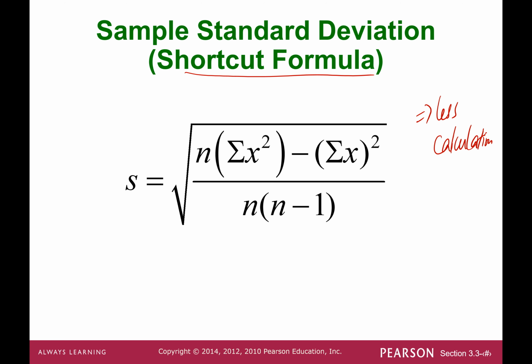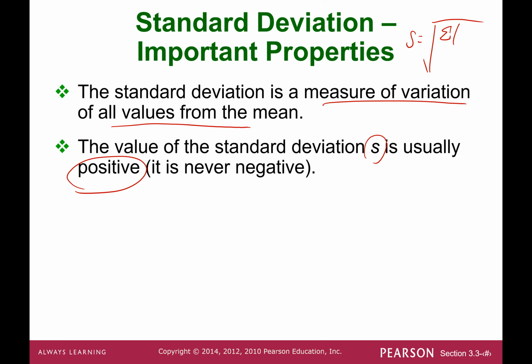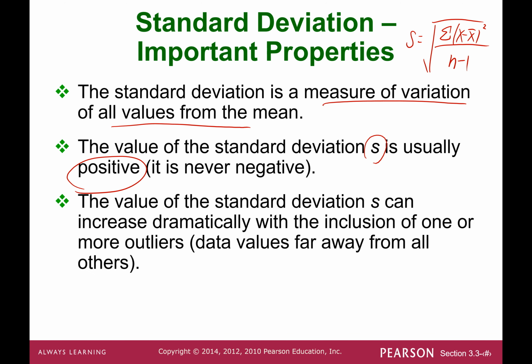All right, let's talk about some important properties of the standard deviation. Standard deviation is a measure of the variation of all values from the mean. The value of the standard deviation S is usually positive because it's a radical: S equals the square root of the summation of (x minus x bar) squared over n minus 1. Because it's a square root, it's never negative, always positive.